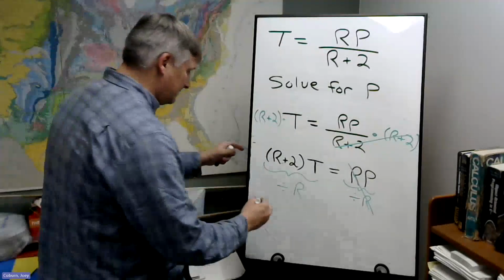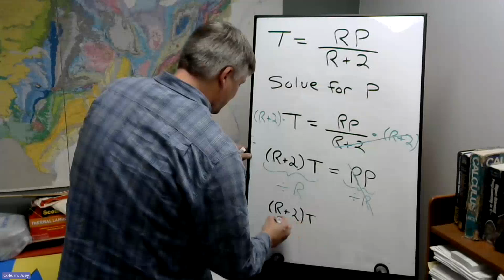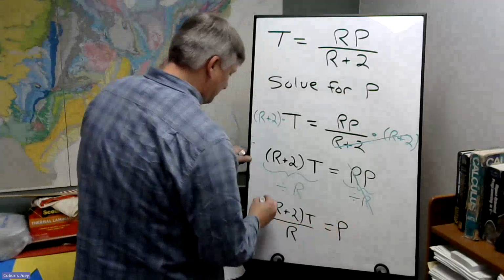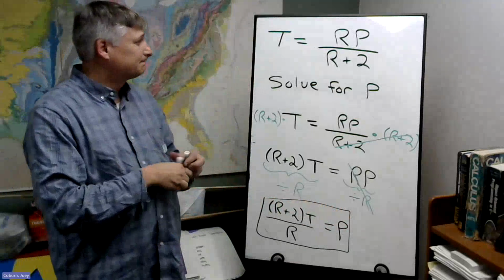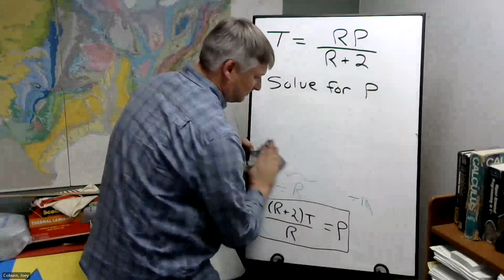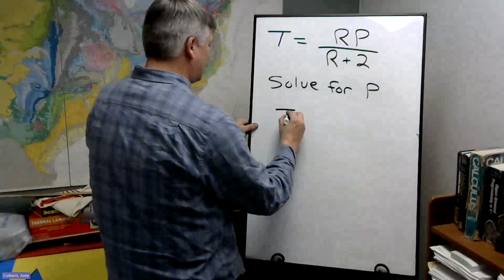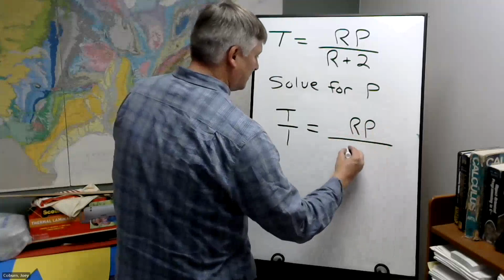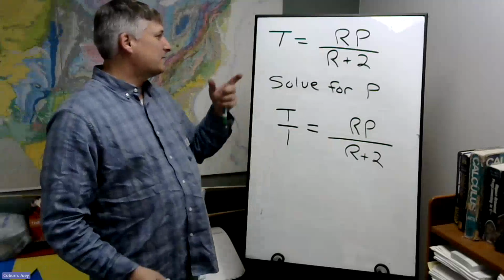So what we've got, r plus 2 times t, all of it divided by r equals p. So that's one way of doing this problem. There is another way. We can treat this as t over 1 equals rp over r plus 2, because t over 1 and t are the same thing.